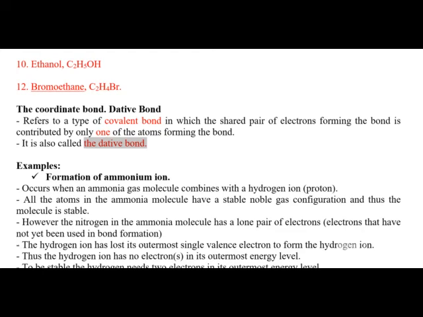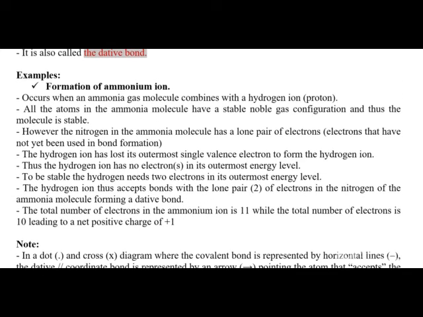So another thing I want you to know is the examples of elements or compounds that form dative bonding. One of them is the ammonium ion. Ammonium ion is written as NH4 with a positive charge. So this is an example of dative bonding. I want to explain what it means for the ammonium ion to be like this, with the 4 as a subscript and the positive sign up there.